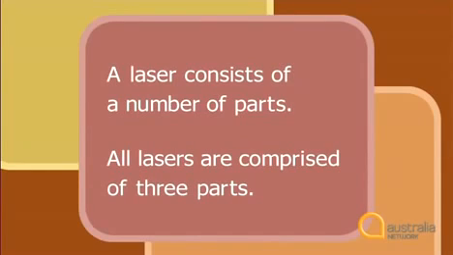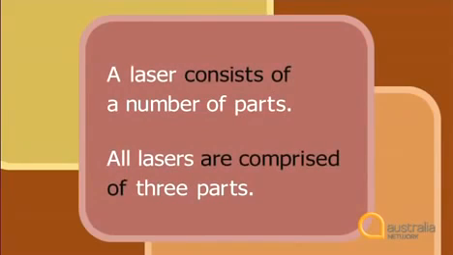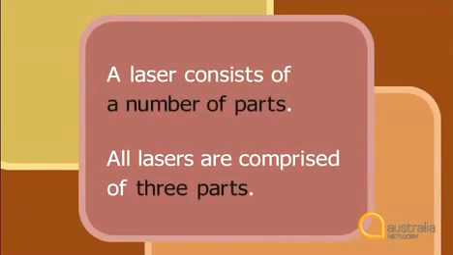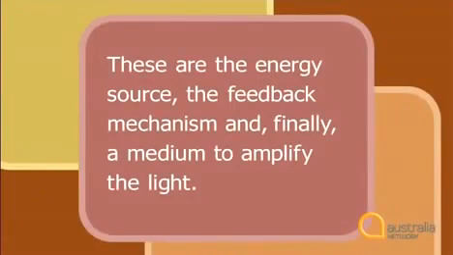Both of these sentences are structured to include a subject, a verb, and an object. You would then follow with a list or another sentence detailing exactly what the three parts are in order. These are the energy source, the feedback mechanism, and finally, a medium to amplify the light.